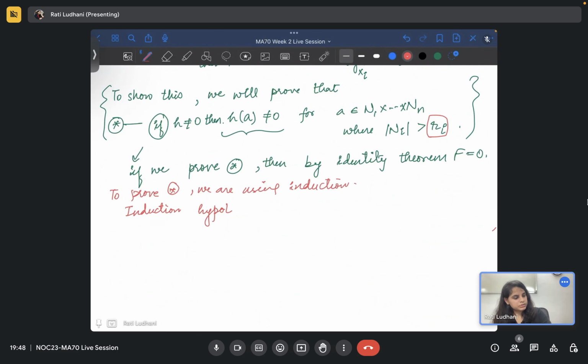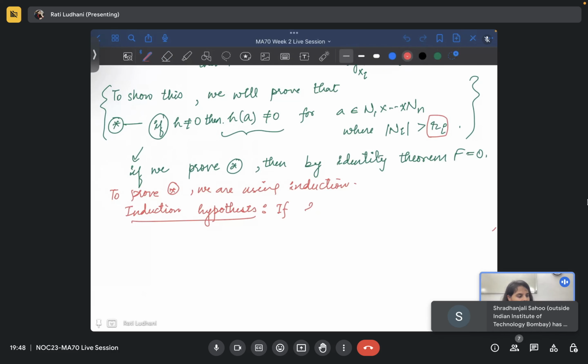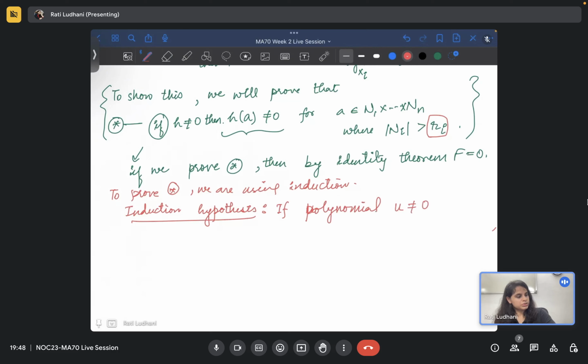So induction hypothesis says that if h is some polynomial, let's say u is not equal to 0, okay, let's say h only. Just think h only, because when we apply induction we are in general polynomial.